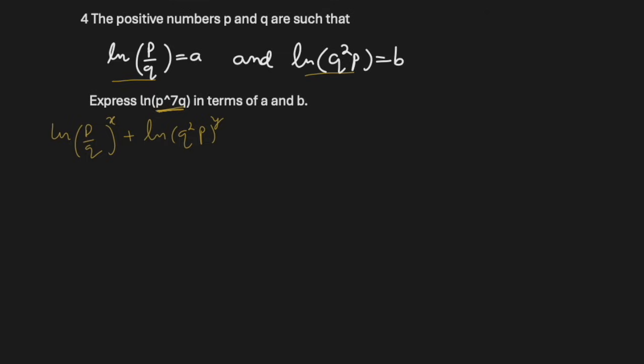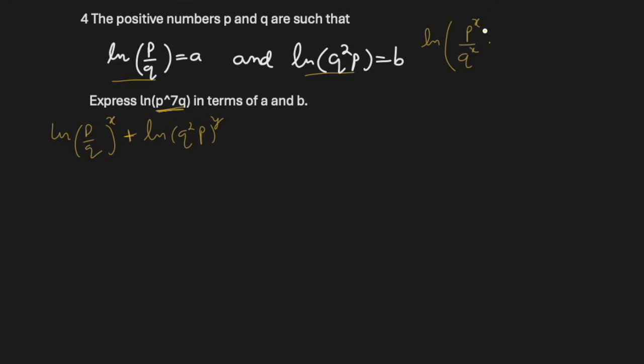Okay, so let me say that when two natural logs add up, their contents, whatever is inside the bracket, they multiply. So we can say that p to the power x over q to the power x, multiplied by q to the power 2y over p to the power y, because they'll become one natural log, right?